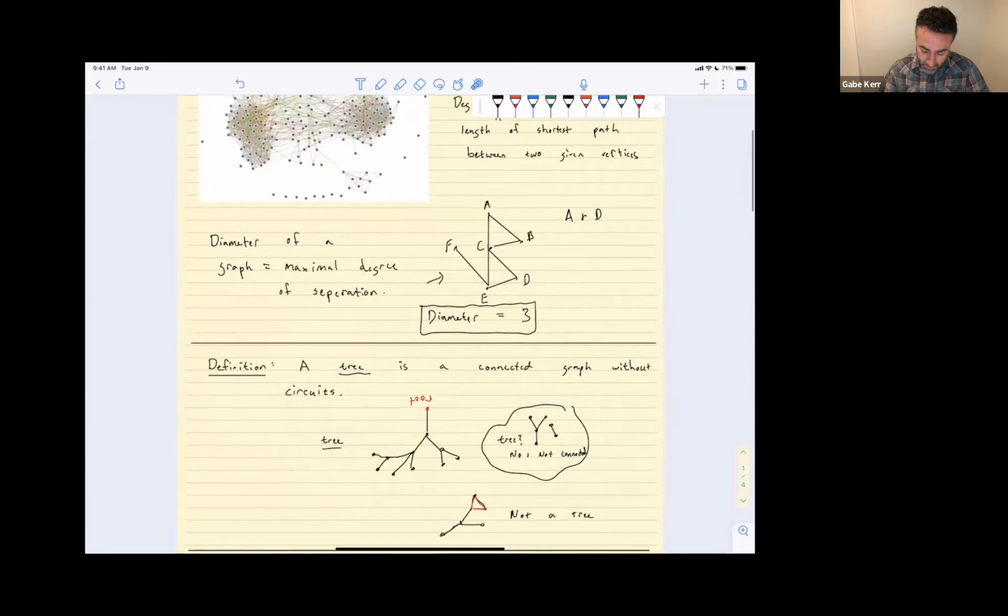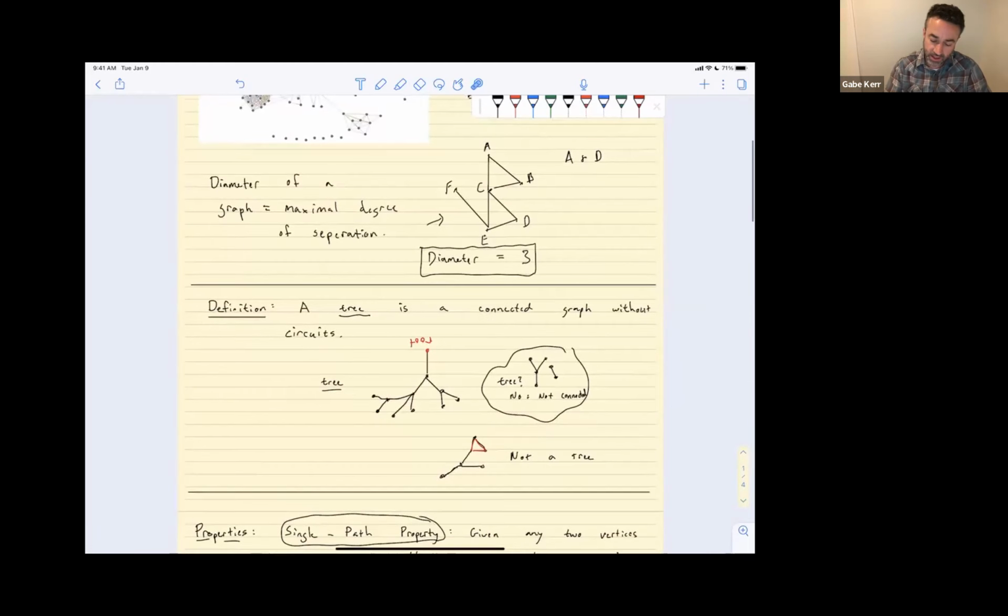Good. So there was a question about why the diameter of this graph is 3. Well, I'm going to look for 2 points that are sort of farthest apart in the graph sense.